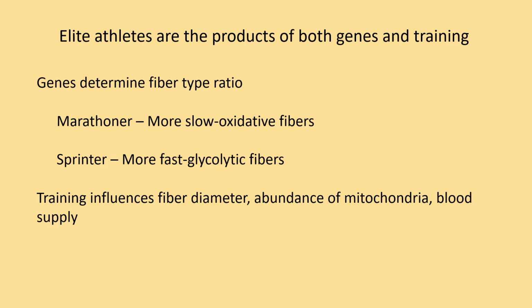It's an instrument that bores into a muscle, like one of the muscles that makes up the quadriceps on the front of the thigh, and it pulls out a tissue sample. And we can examine that tissue sample and identify 3 different fiber types and look at their ratios. And so we have observed that marathoners have more SO fibers and sprinters have more FG fibers. And this is due to a combination of genetics and their training.